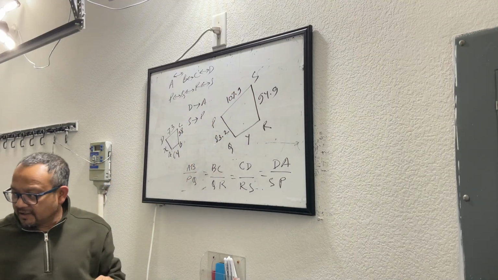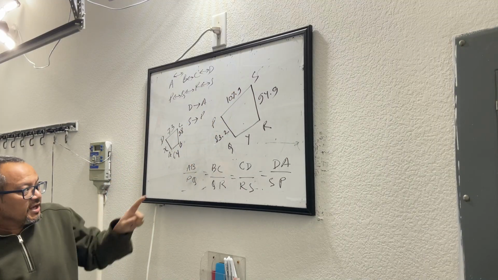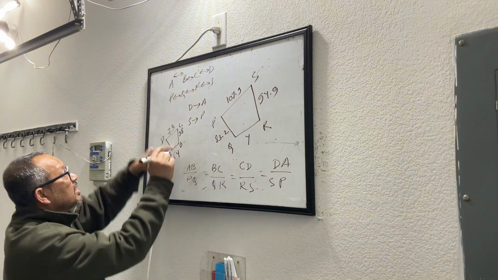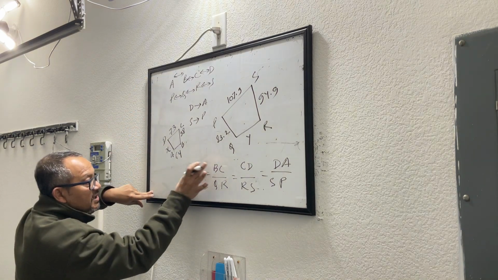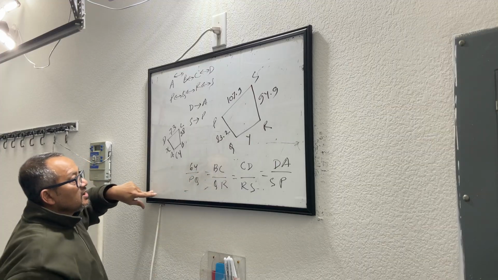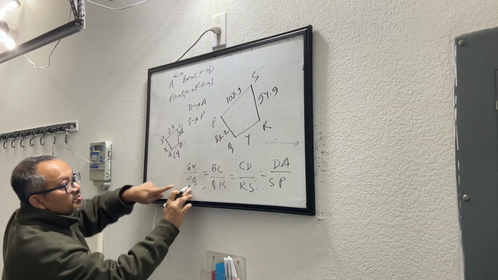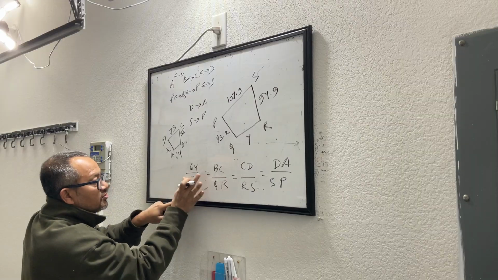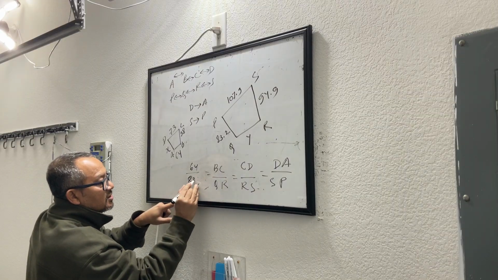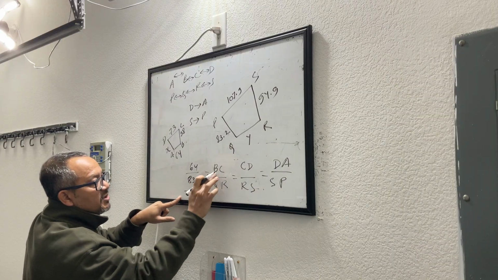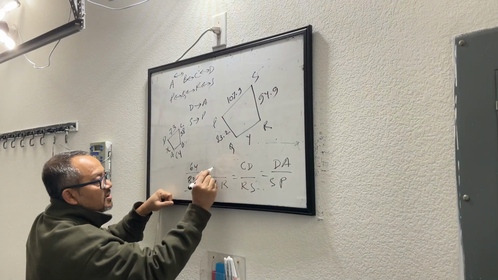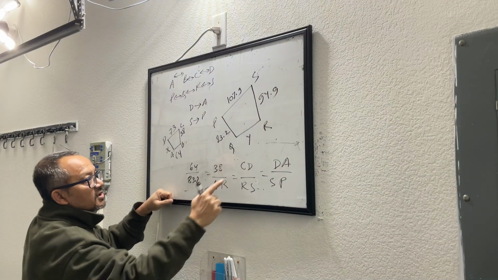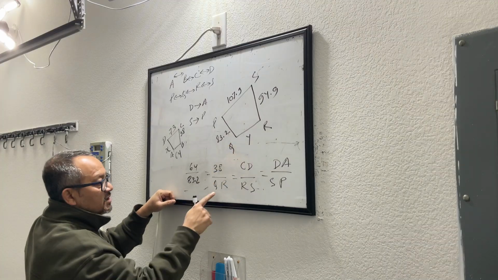So here, what is AB? Look at this, AB is given as 64. I'll replace AB by 64, is equal to PQ. What is PQ? 83.2. BC is given as 38. Put 38 here, is equal to this QR.